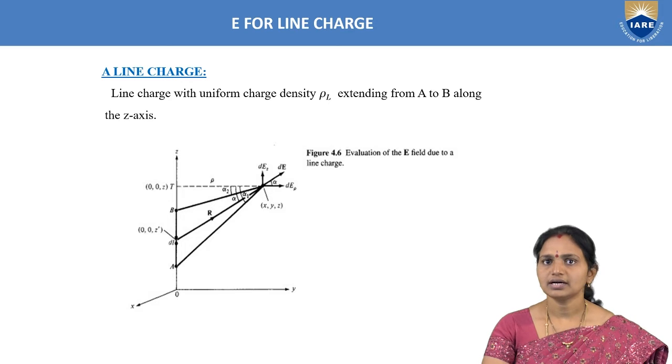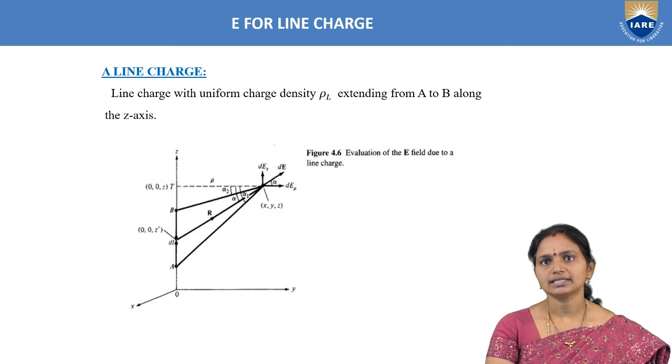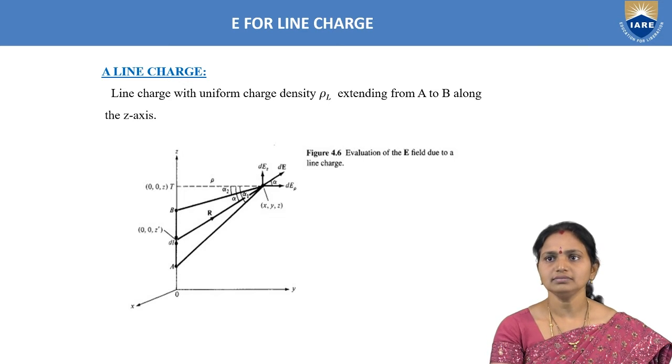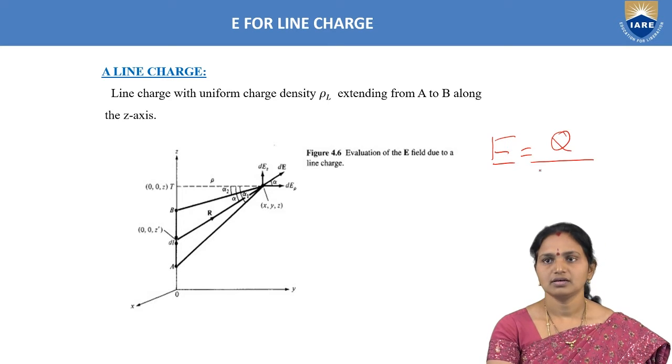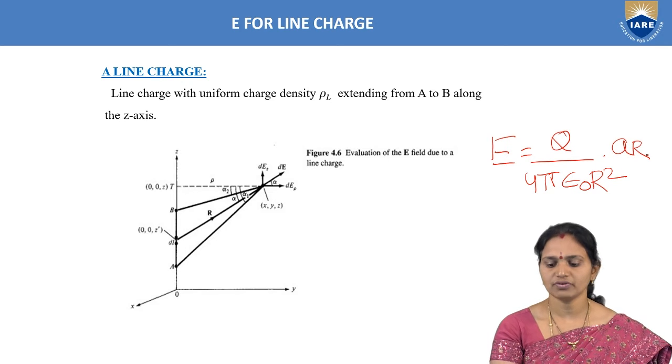For that, here I considered a line charge which is placed along the z axis. To derive the electric field strength in case of a line charge, first I am taking the field strength equation for a point charge. The electric field strength equation in case of a point charge is E equal to Q by 4 pi epsilon naught R square into aR, where aR is the unit vector.